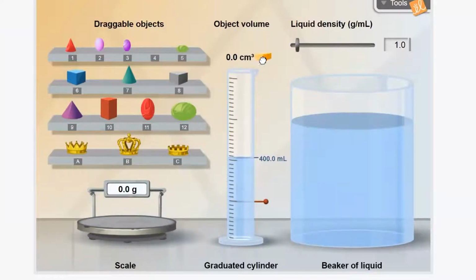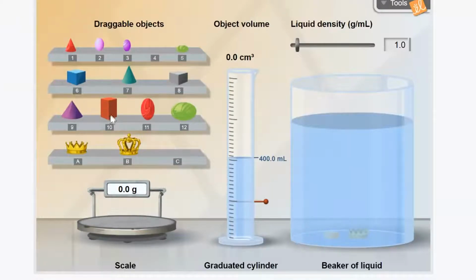Now again, if we take this relatively massive object, this little gold chunk, and we put it in water, well, no surprise, it sinks. And, you know, if we take, say, one of these crowns that we'll use later, probably made out of metal, well, no surprise, it sinks.